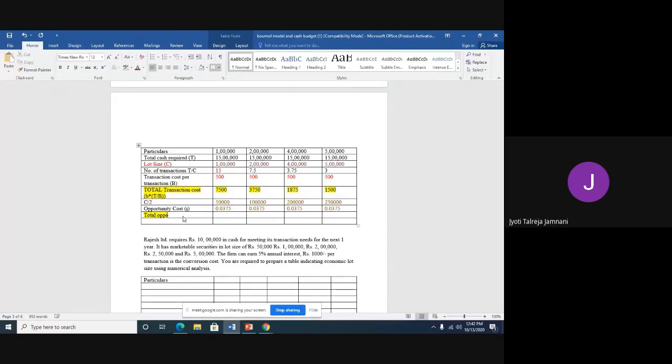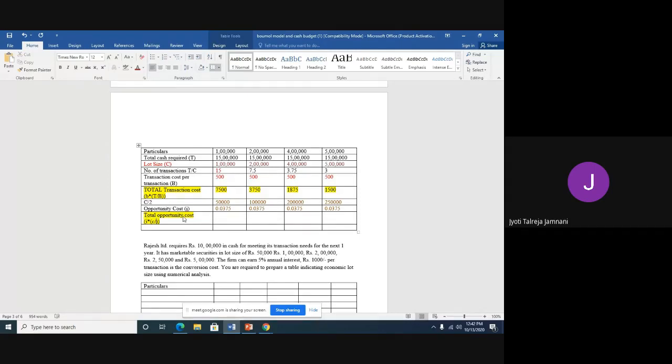To find the total opportunity cost, we have to do I into C by 2. So I into C by 2, that means this is the value of I, 0.0375, and the C by 2 value is 50,000 in the first case.